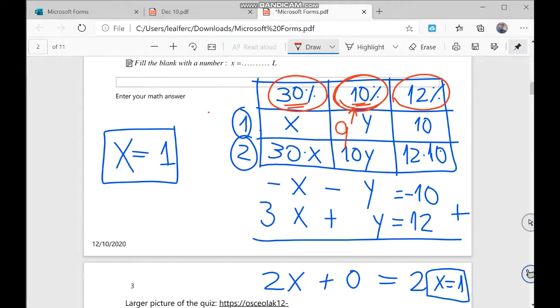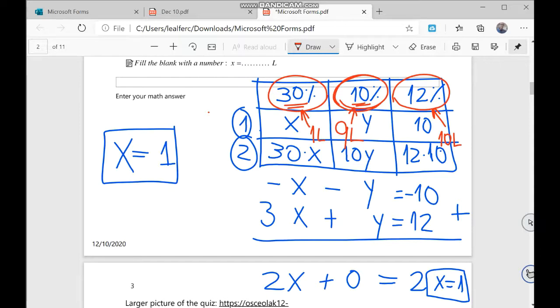It's going to be 9 liters, and less of the 30%. It's going to be 1 liter, to make up 10 liters of 12%. It has to be less quantity of the 30% and a lot more quantity of the 10% to make up 12%.